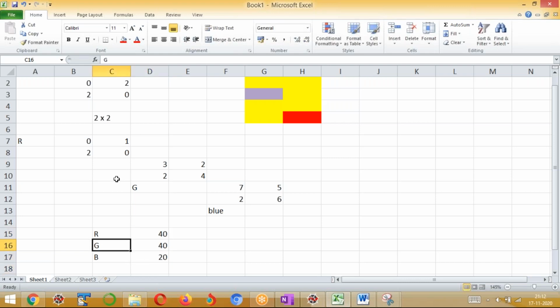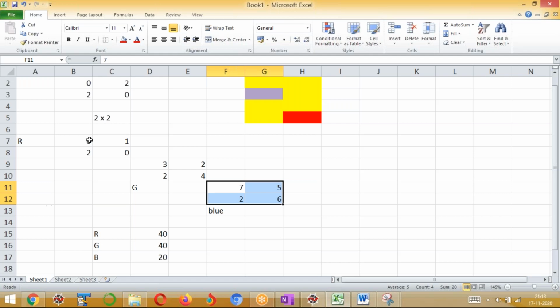Because red and green are nearest to yellow and red, so that's why I gave 40-40. These are the actual percentages of color my entire picture contains. Blue is very, very less, so I gave 20. This is percentage of information, not values. When I separated them independently, I received these values.